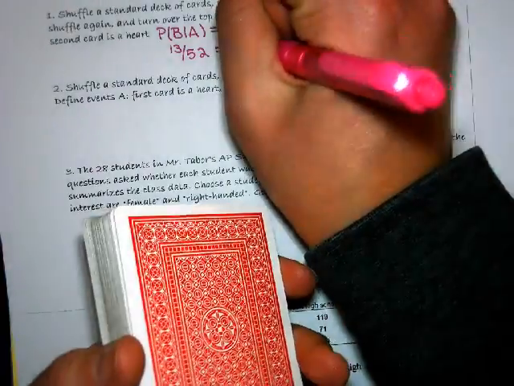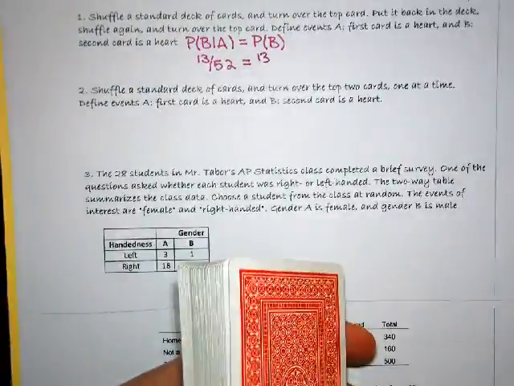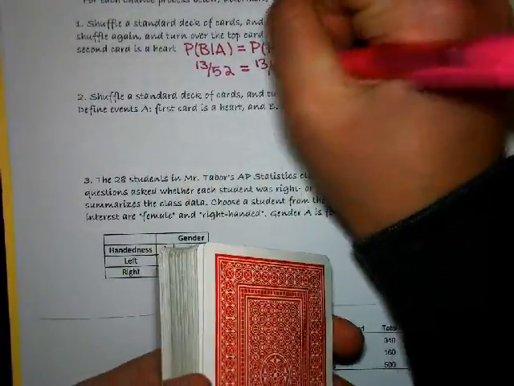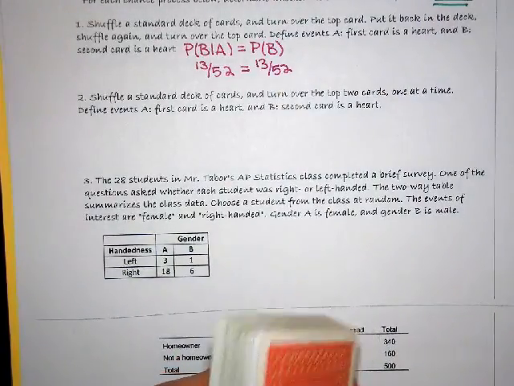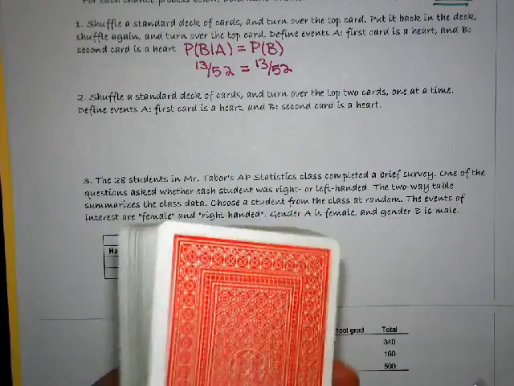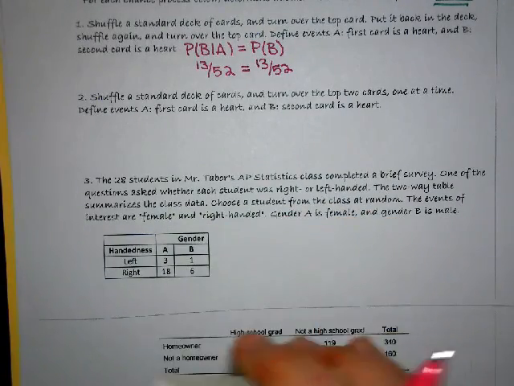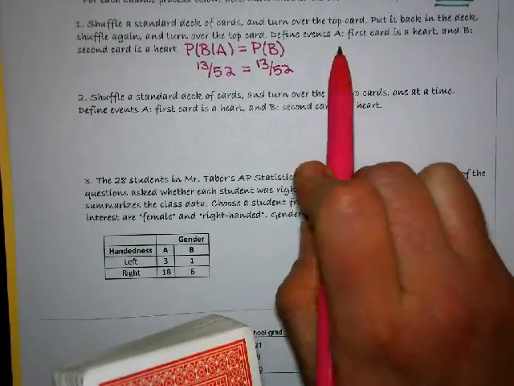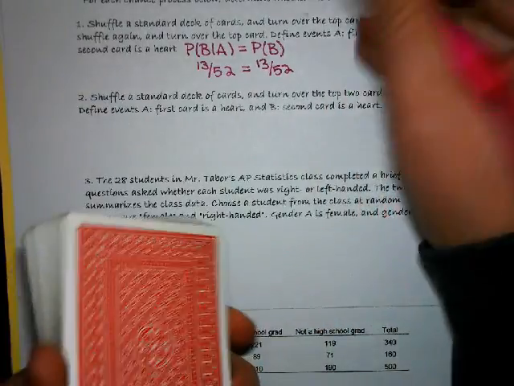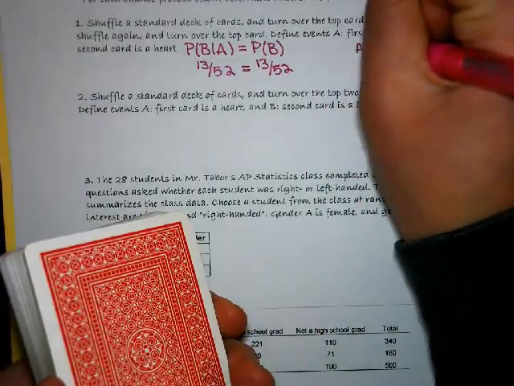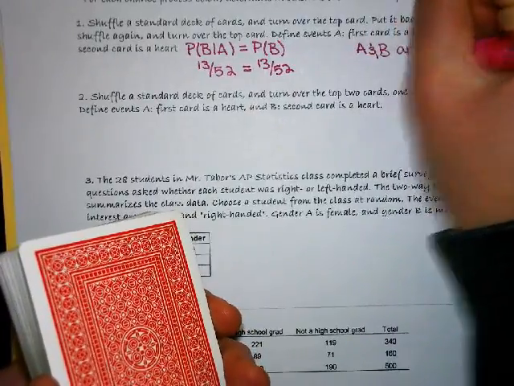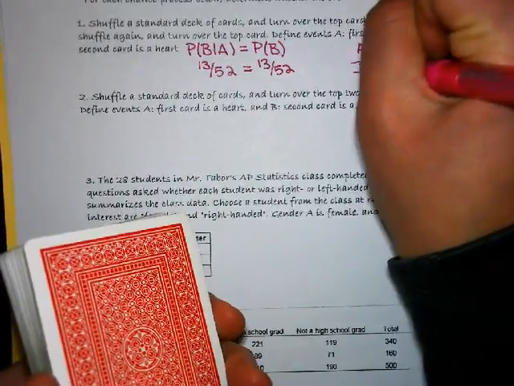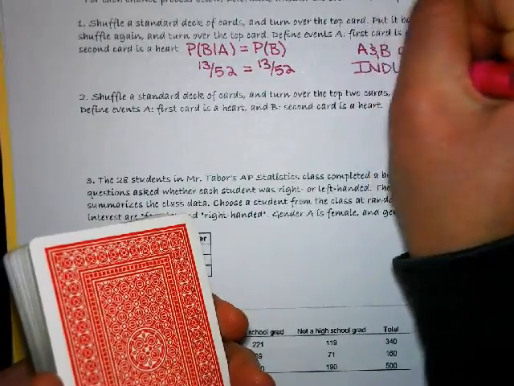How many cards are in the deck total? 52. So even though A didn't happen, the probability that B happens is still 13 out of 52. So in this case, events A and B are independent. Any questions about that one?